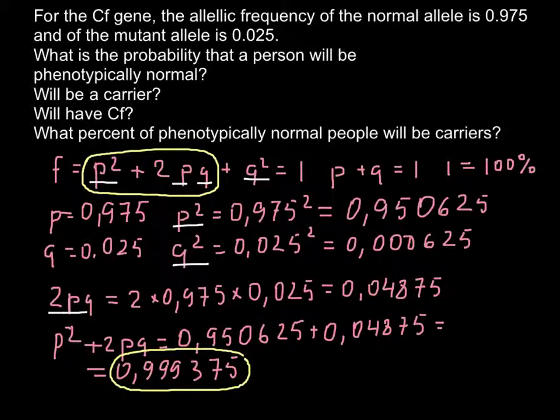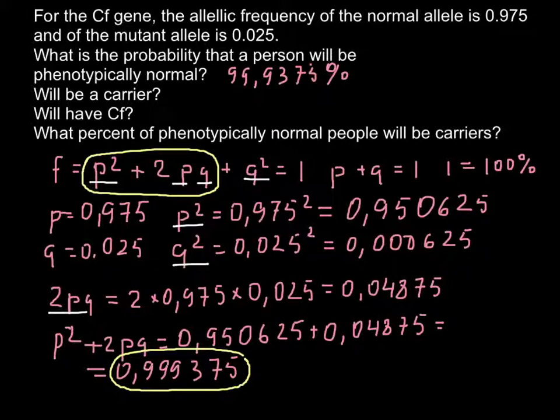As you see, 1 equals 100%, so we just multiply by 100 or move this comma 2 decimal places to the right. So the answer would be 99.9375%. This would be the frequency or percent of the phenotypically normal people in this population.